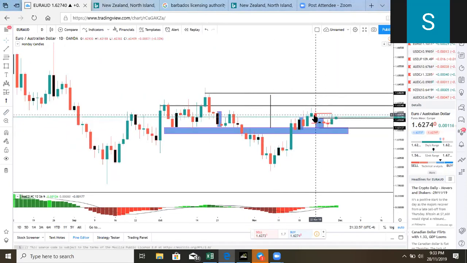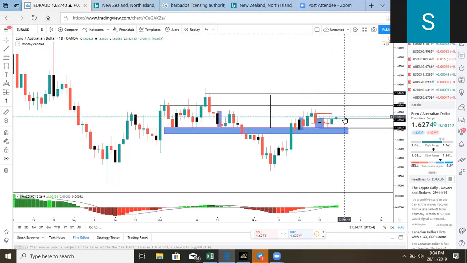But as you were saying, wait till this candle closes, probably the next day, to see if it breaks this zone. If it doesn't break this zone, then we probably look for a sell in the market back down to the zone. Yeah, let's sell it right now.